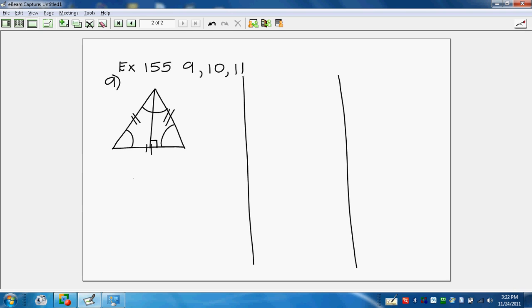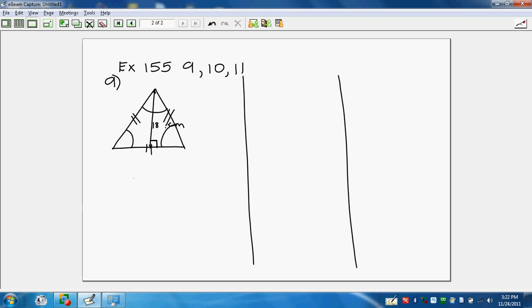And they told us that the altitude is 18.7 centimeters. So this is 18.7 centimeters, that altitude there. Right? Which will be from there to there. That's 18.7 centimeters.